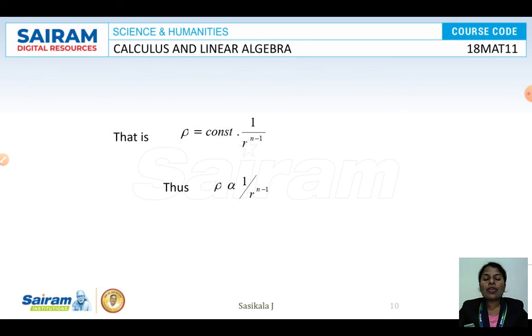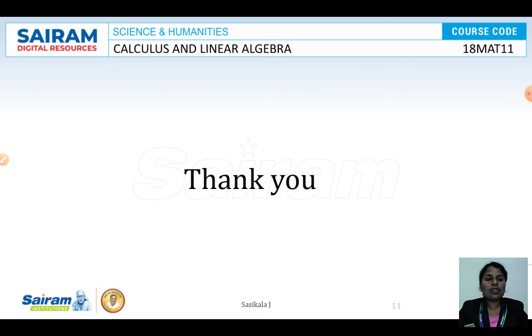That is, rho is equal to constant times 1 by rⁿ⁻¹, which is rho is proportional to 1 by rⁿ⁻¹. So the radius of curvature varies with 1 by rⁿ⁻¹. That was the question asked, to prove that or to find your radius of curvature. Okay, that's all. Thank you.